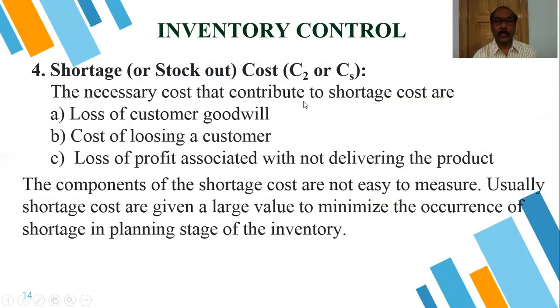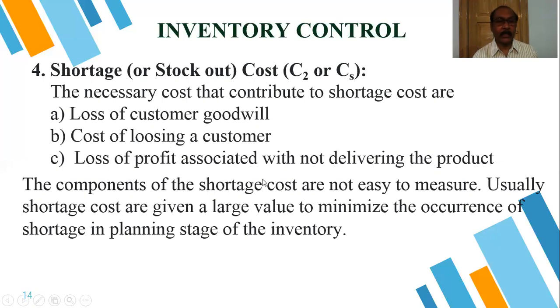The necessary costs that contribute to shortage cost are loss of customer goodwill, the cost of losing the customer, already discussed, and loss of the profit associated with not delivering the product. Unless we deliver the product to the customer, we cannot get the profit, so we are losing our profit.